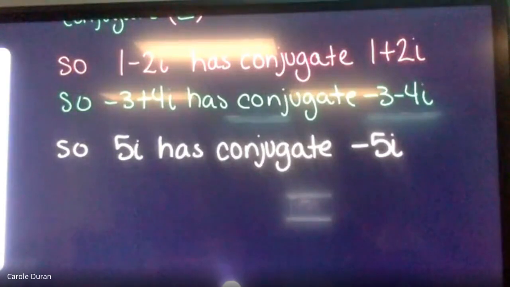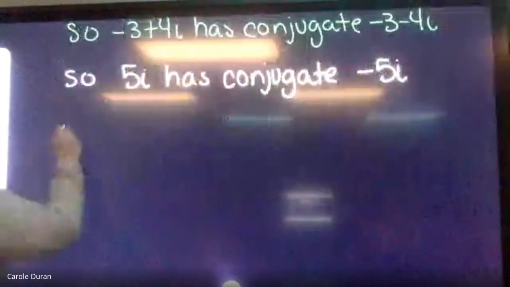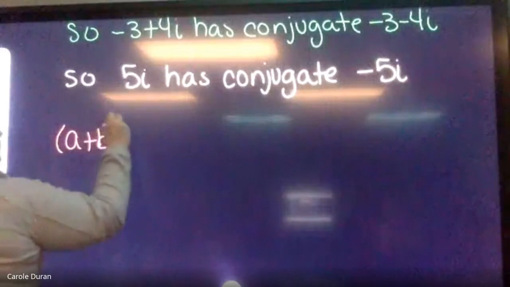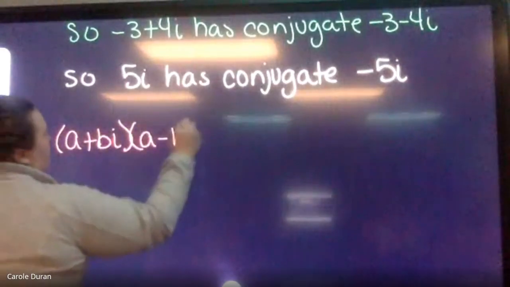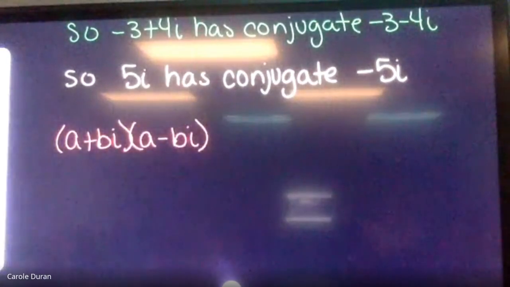Another really cool thing that happens when I have a conjugate and its original complex number is that if I were to multiply them together, it's going to come out to a whole real number. So the product of a complex number and its conjugate can be expanded using FOIL.